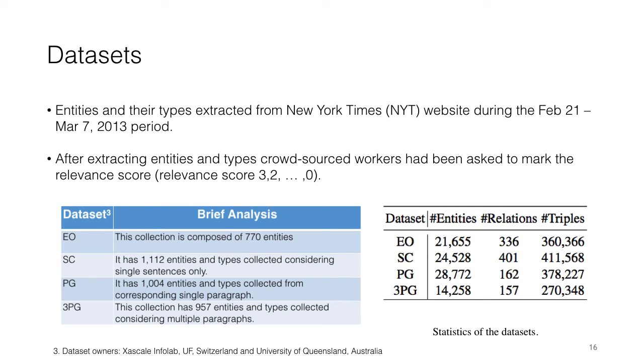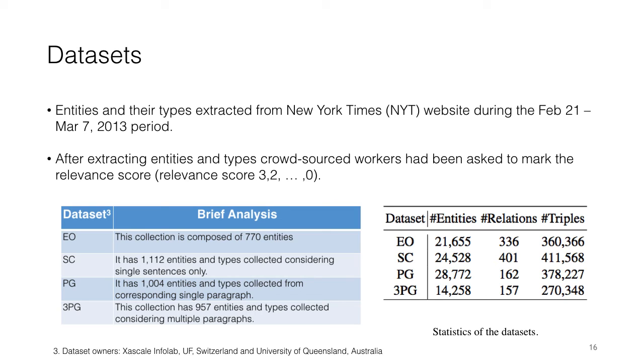The retrieved entities were then linked to DBpedia and attached to corresponding types available in Linked Open Data. To collect the relevance judgments for entity and type pairs, anonymous crowd workers were involved. Crowd workers voted for each entity and entity type pair.